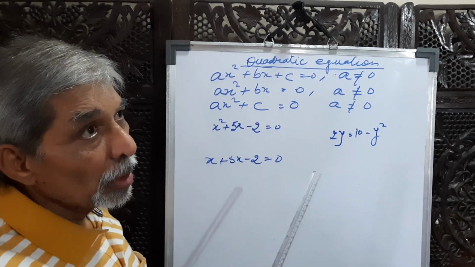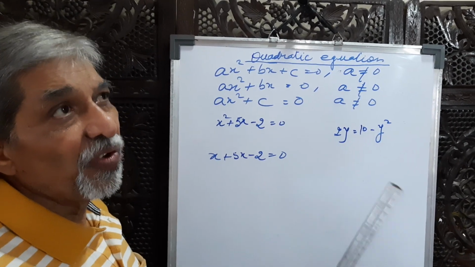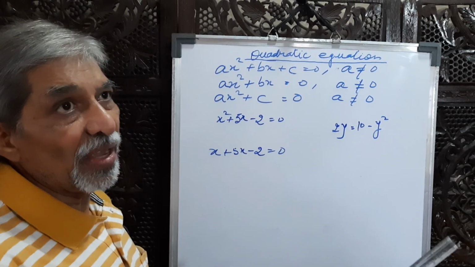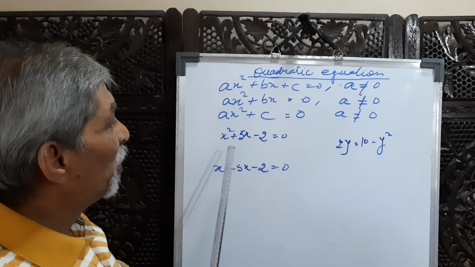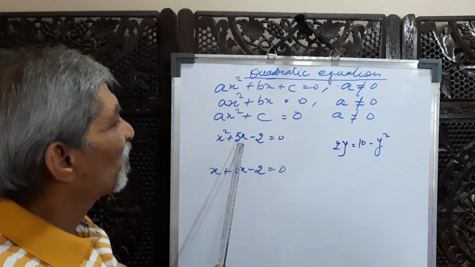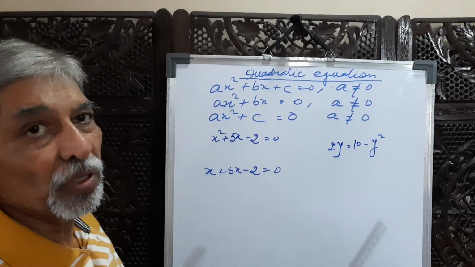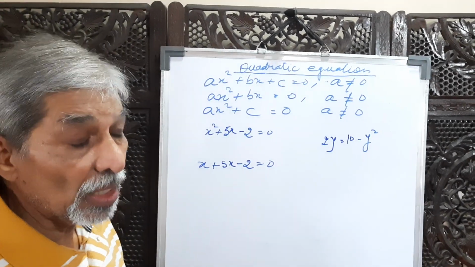Now the questions which are asked very first, they give, decide whether the given equation is a quadratic equation or not. Suppose here it is given x squared plus 5x minus 2 equals 0, and we have to decide whether it is a quadratic equation or not.